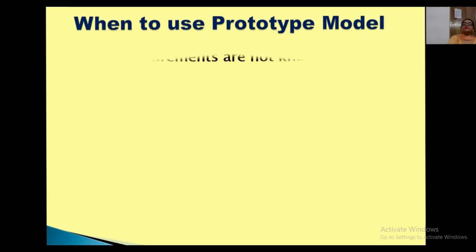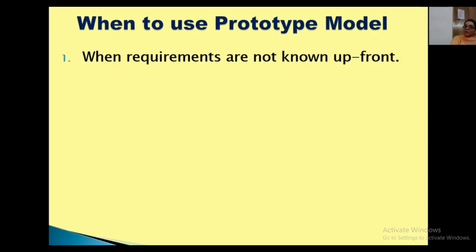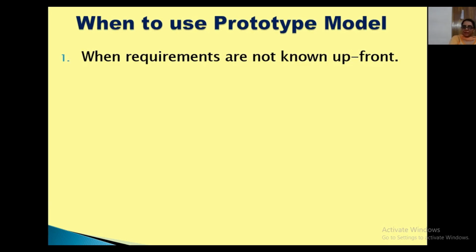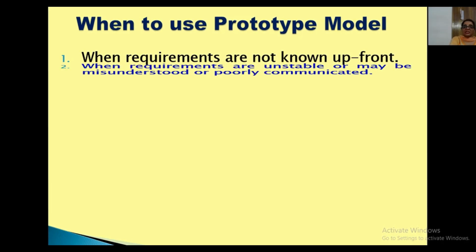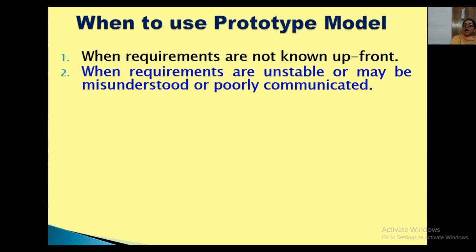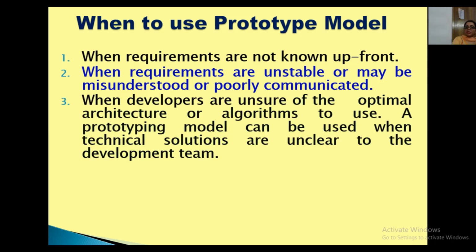Now, when to use the prototype model? When the requirements are not known upfront, in such kinds of systems where you do not know which requirements can come up with time, they are not clearly defined. When requirements are unstable or maybe misunderstood or poorly communicated. Again, no stability in the requirements, misunderstanding of requirements, no clarity in the requirements, the prototyping model is used.